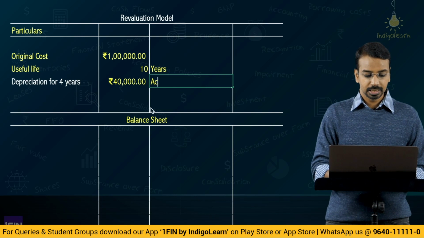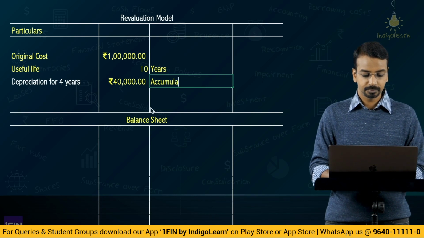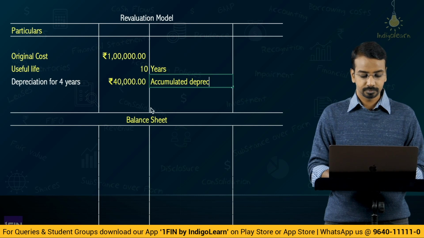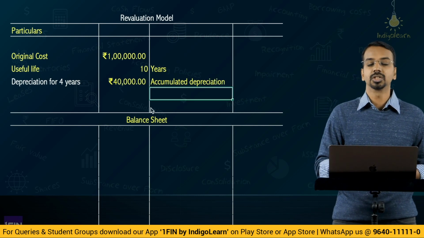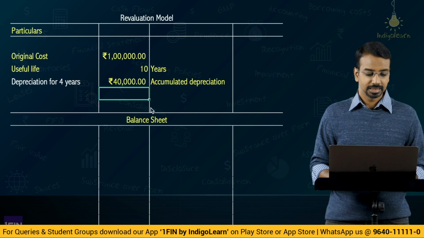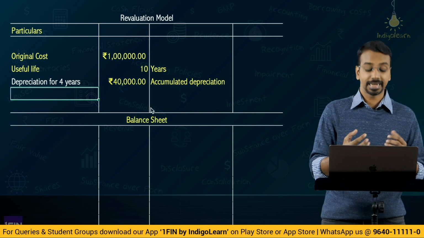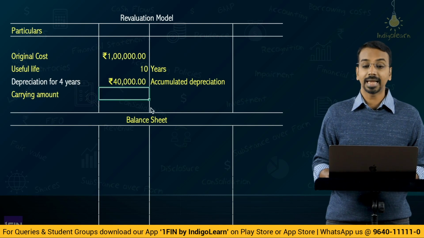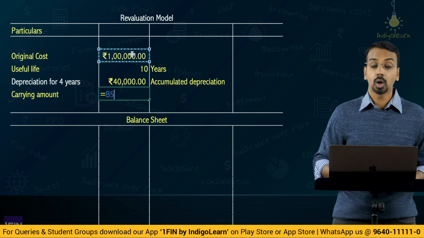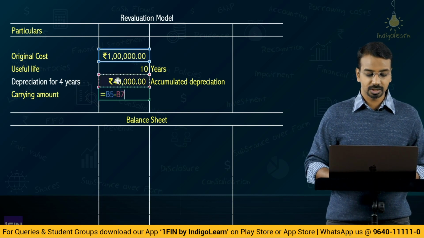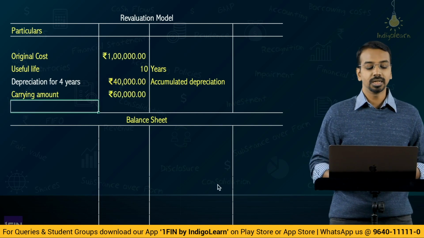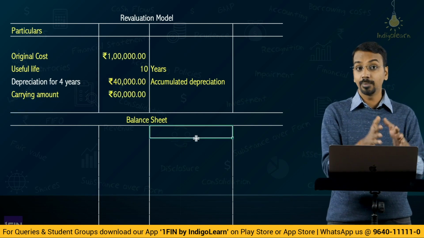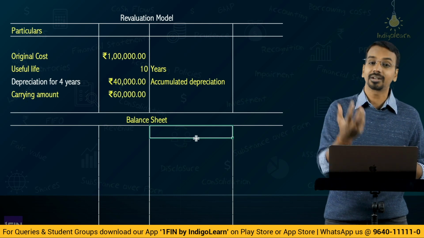This we call accumulated depreciation. Then we calculate something called the carrying amount. What is the carrying amount? The cost of 1 lakh minus depreciation of 40,000, 60,000 is the carrying amount. Now, in the balance sheet also, I am preparing a T-shape balance sheet for our understanding.